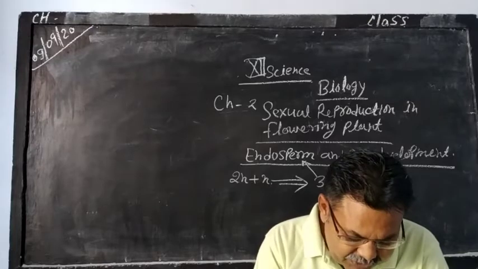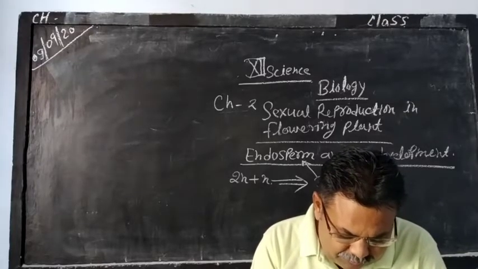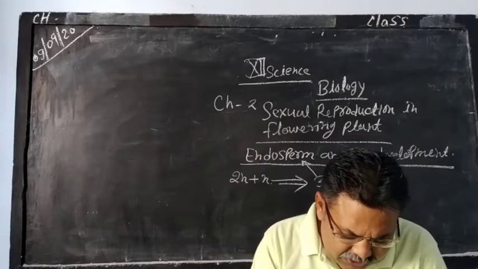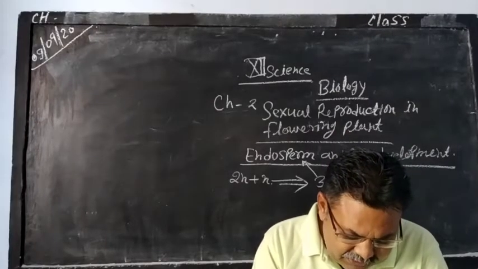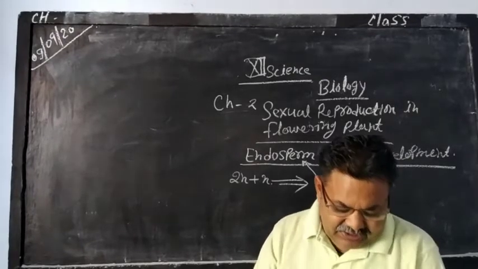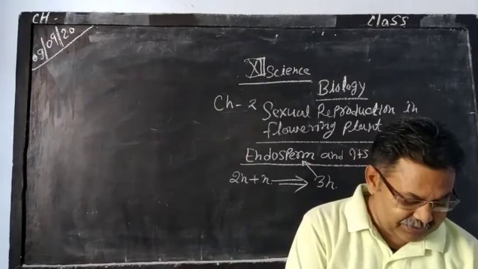Next one is haustorial endosperm, meaning intermediate endosperm. This endosperm is lower and smaller, developed like a cellular type. For example, Vallisneria.